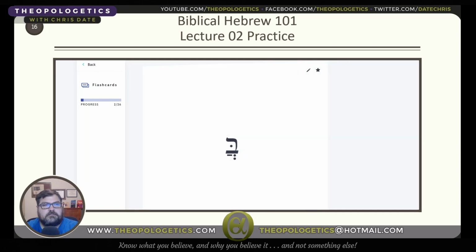Okay. Next up, this vowel under the bait that has a small horizontal line on the left and then a vertical line of 2 dots to the right. This vowel is a composite shewa, or reduced vowel. It's the A class composite shewa, known as chataf pathach.